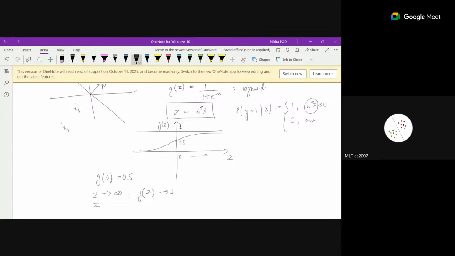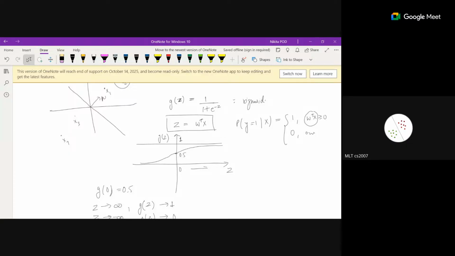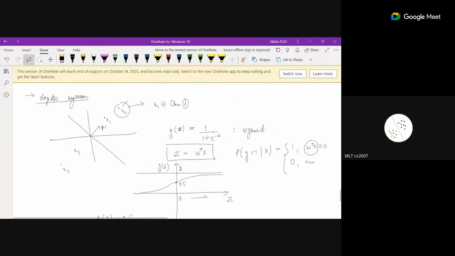And as Z tends to infinity, g of Z tends to 1, and as Z tends to minus infinity, g of Z tends to 0. Which makes sense. Based on that, we provide some probability to each of these data points.